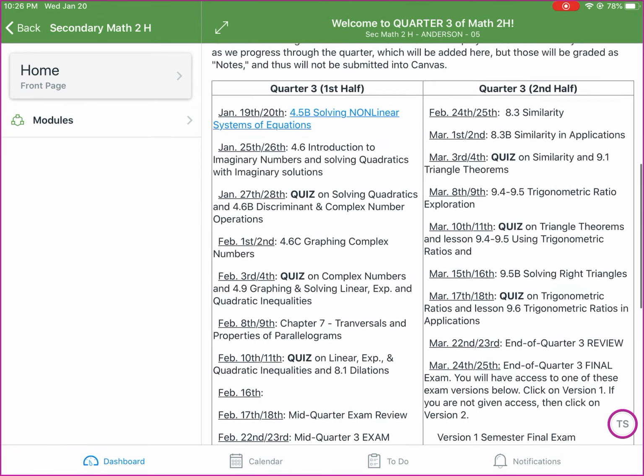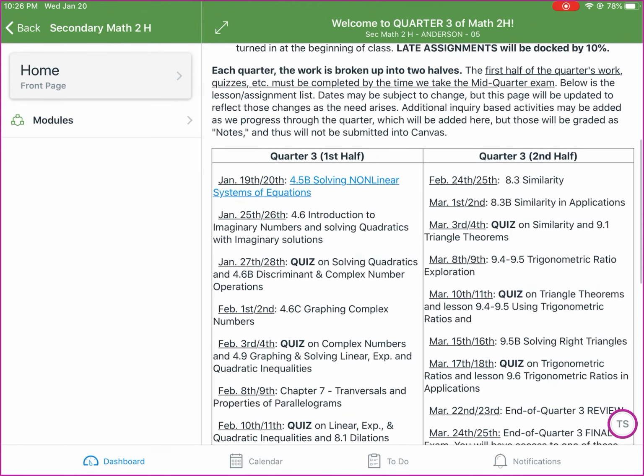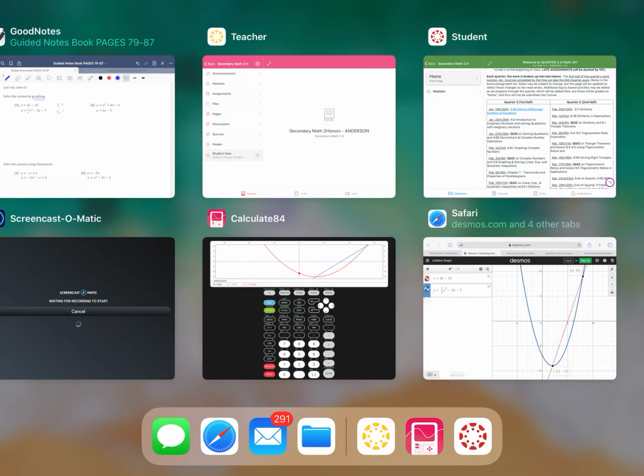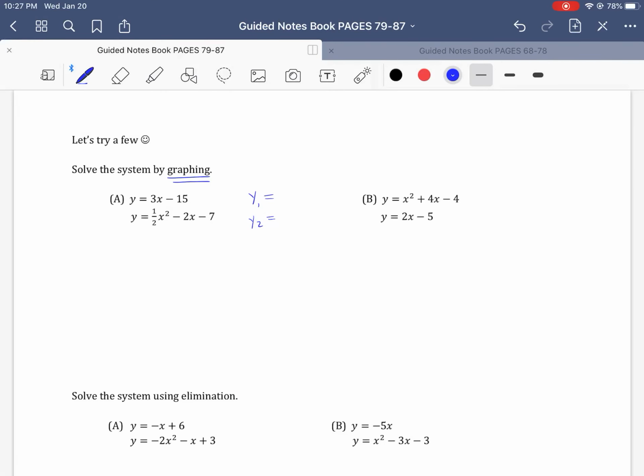Again, you're going to find your assignment by going in here and clicking on 4.5b, Nonlinear Systems of Equations. It will ask you which method to use, and it will ask you to be sure that you show your work. So make sure that I can tell where you're coming from on the work that you're doing. If it asks you to draw a graph, just draw a rough sketch of what the graph would look like, right?